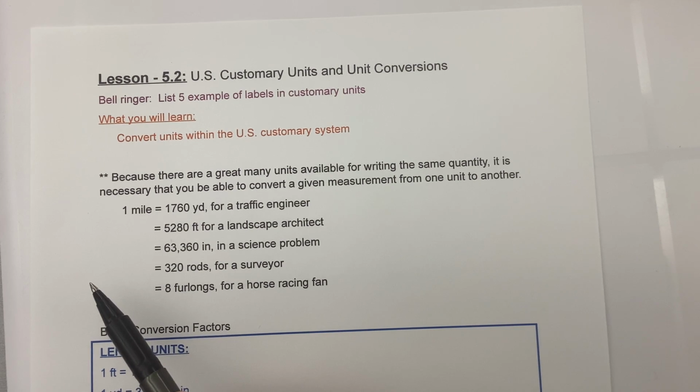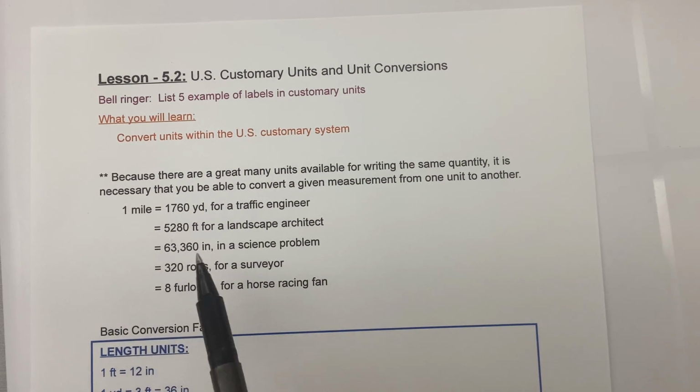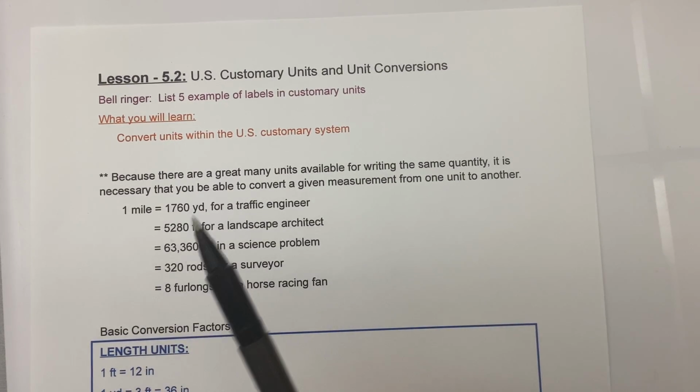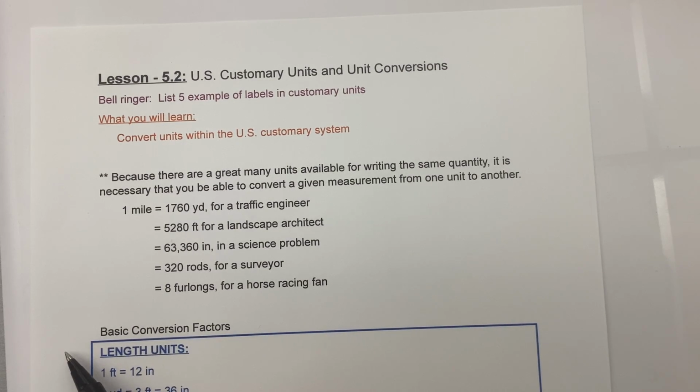Let's put that in perspective. A furlong. How many laps is it around the track to make 1 mile? 4. So if 1 mile is 8 furlongs, how long is a furlong in terms of the track? 200 meters. Yes, true statement. Halfway around the track is equivalent to 1 furlong.